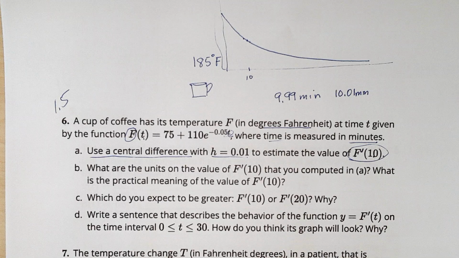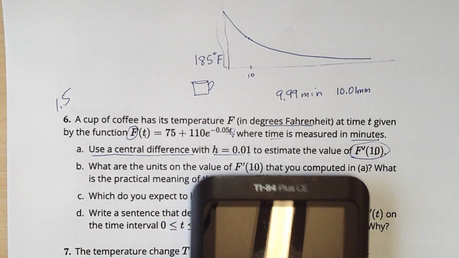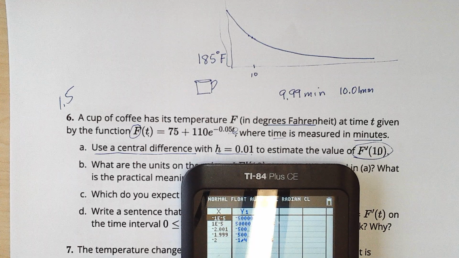So now I'm going to pull out my calculator. Where did I put it? Here. And type this equation in. So I'm going to do it on calculator instead of Desmos because it's harder to show my screen.